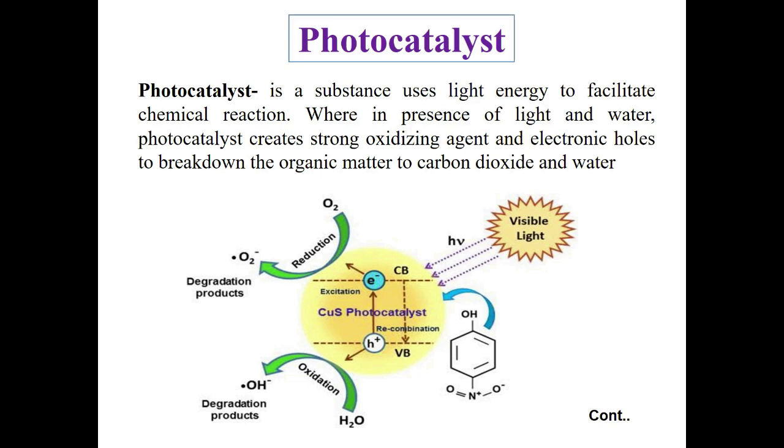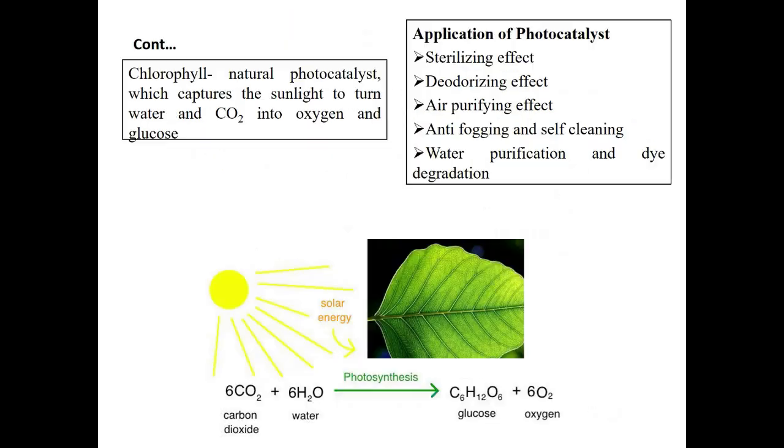The 4-nitrophenol gets degraded and oxidized to form the degradation product, and that material can be easily degraded with the help of this copper sulfate photocatalyst in the presence of visible light.